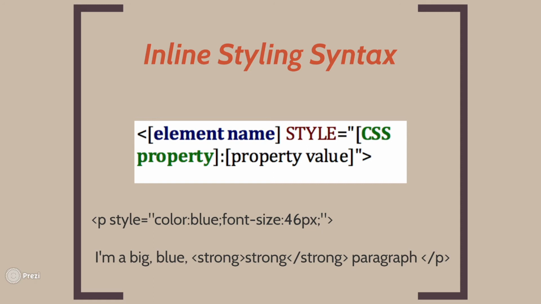The rest of the information is contained in quotation marks, starting with the name of the stylistic property you are trying to change, with a colon separating it from the property value specifying what the property is changed to. A semicolon is attached to the end of the property value pair, with multiple properties being able to be changed inside the quotation marks this way. An example of this can be viewed in the diagram provided.